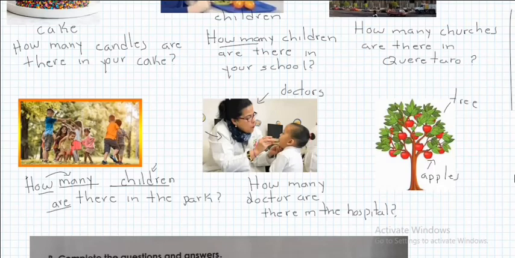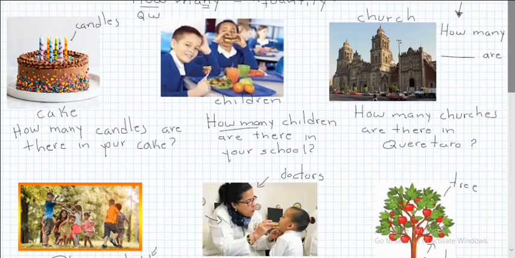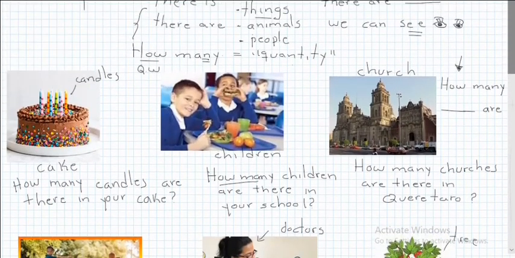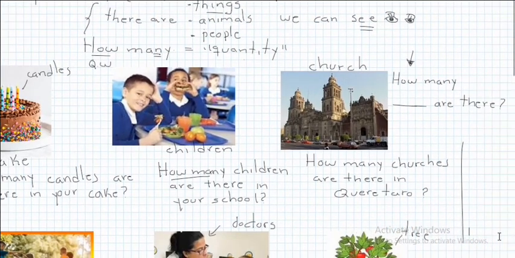Okay, the formula here is how many, the object, are there, okay?